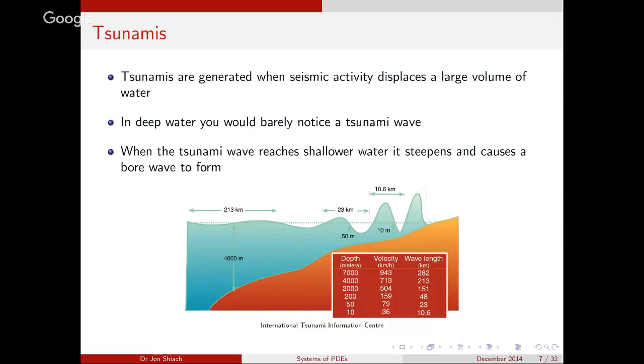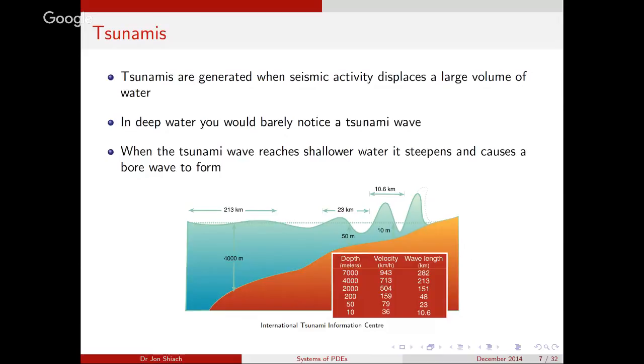Do you remember the Boxing Day tsunami of 2004? 280,000 people died because of the force of this water. It's so immense. So one of the applications for shallow water is modelling tsunamis. What you see is the average depth of the deep water ocean is about 4 kilometres.